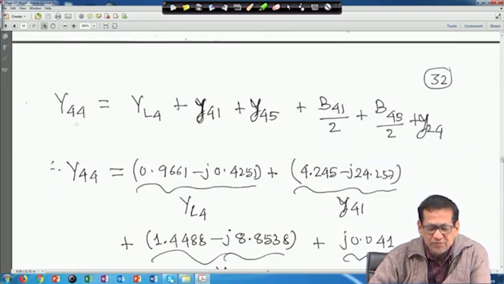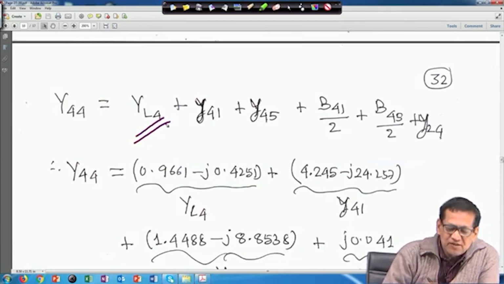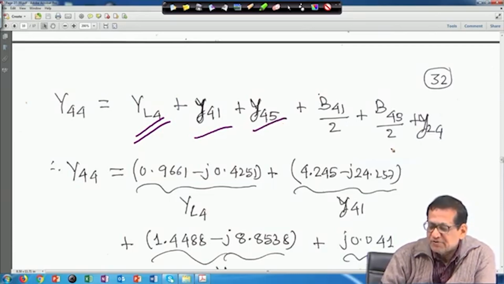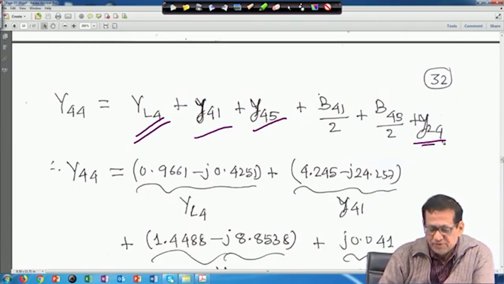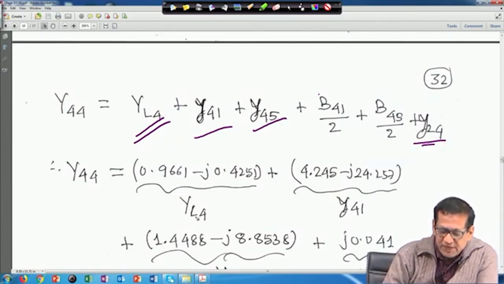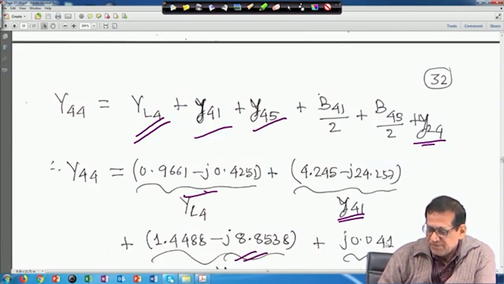Now when we calculate Y44, all should be added. This is the load admittance YL4, then small Y41, small Y45, then half B41, half B45, then plus small y24. This is Y41, this is Y45, and this is half B41.